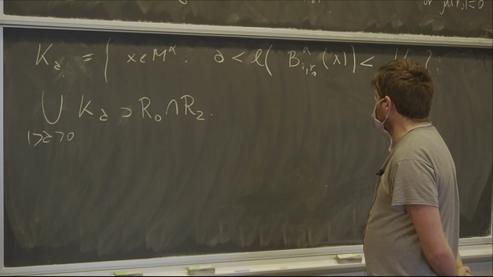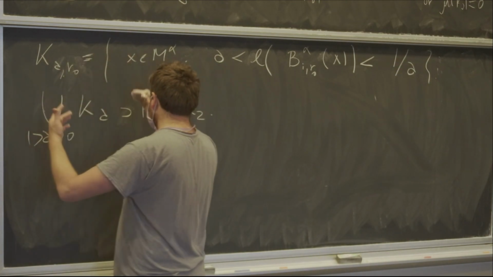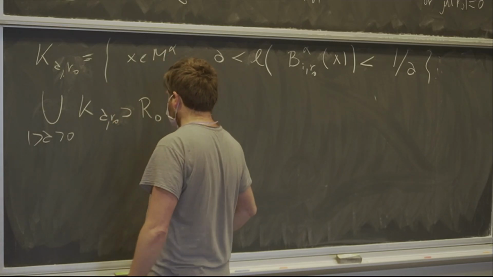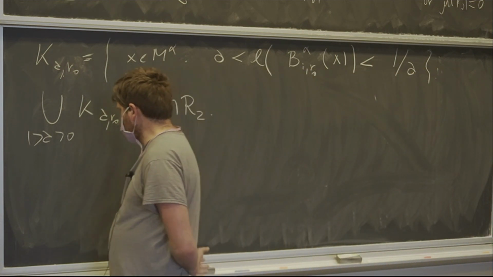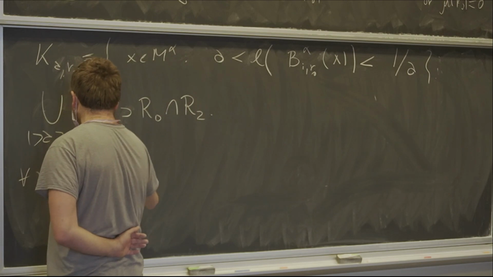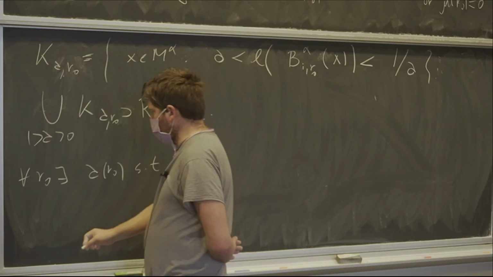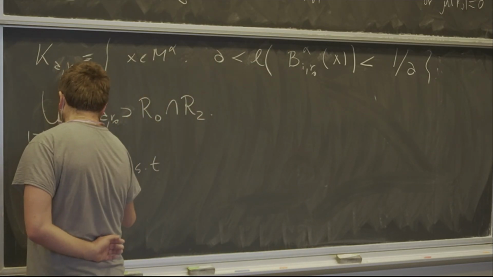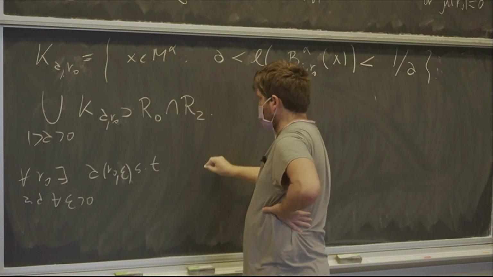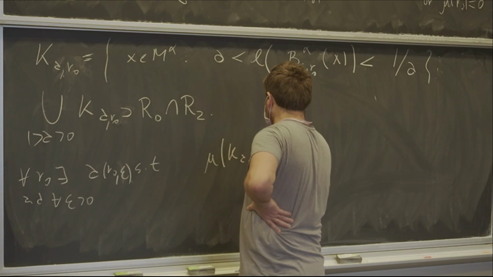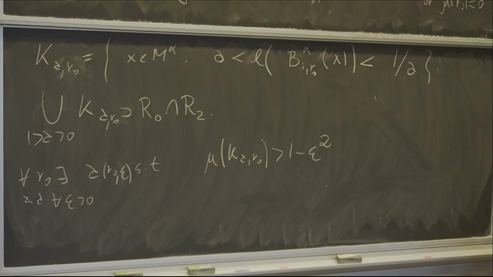Good, I hope. But if you want, maybe just for future use, let's keep it for every r naught. You contain this, and then this means that for every r naught there exists an a that depends on r naught and this epsilon, such that mu of K_a r naught is larger than 1 minus epsilon squared.